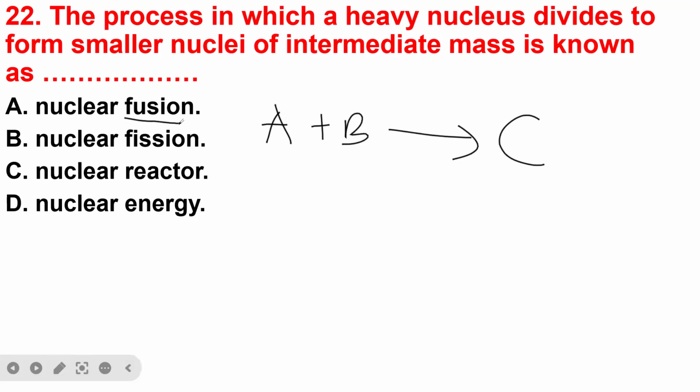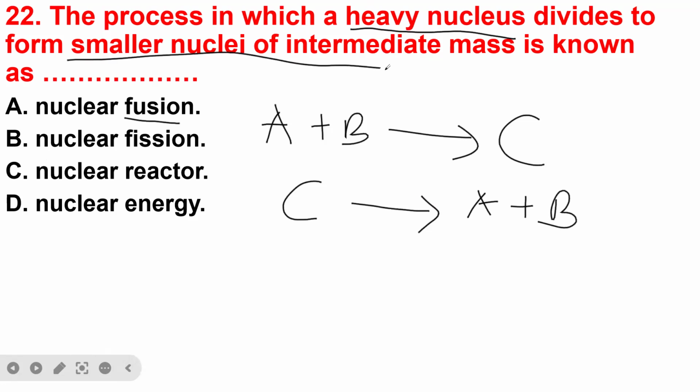And then nuclear fission is when you have a heavier atom that breaks down or divides to produce smaller ones. So you see from the question, a heavy nucleus divides to produce smaller nuclei of intermediate mass, so the answer is nuclear fission, because it is a heavier nucleus that divides to produce smaller nuclei. So the answer is option B.